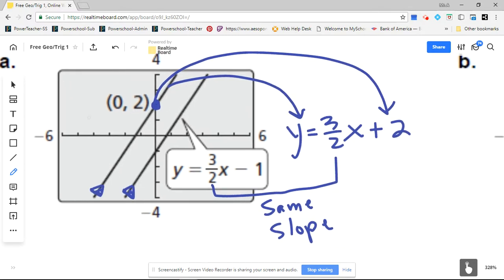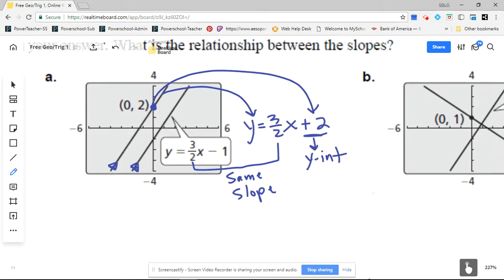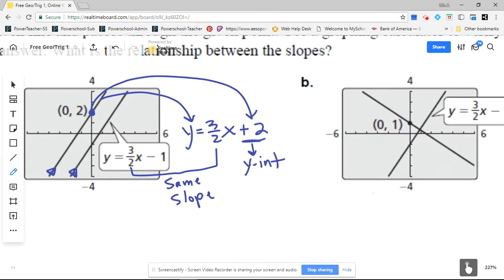This right here is called your y-intercept. It's where it touches your y-axis. So that is the first one. Now I'm not going to write all that stuff in on all of them, but just to show you how we got that one.